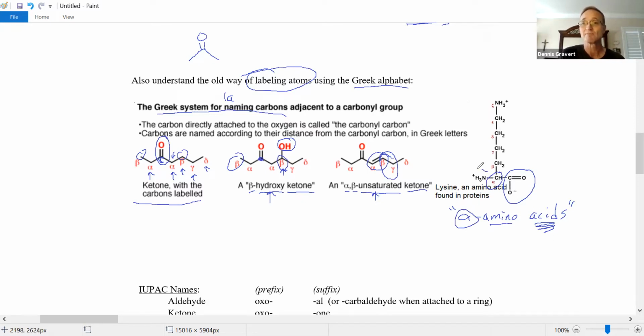What's on the alpha carbon? An amine or an amino. It's kind of the prefix name for an amine. Lysine is a little unusual. It's a specific amino acid that has both an alpha amine or amino group, alpha amino group, and on the epsilon carbon, there's also a second amino group. Anyways, that was just interesting, not on the exam.